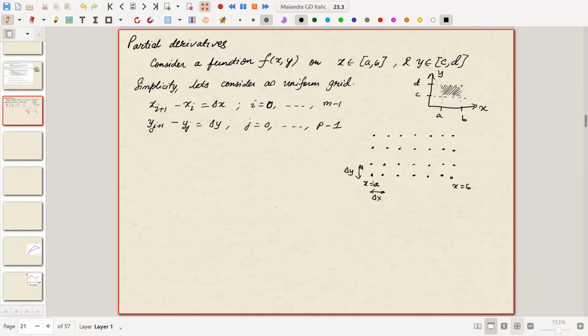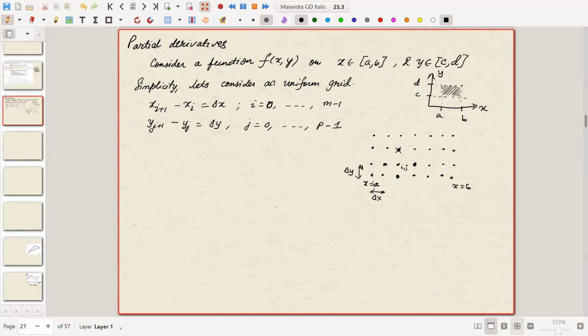Now, if you consider some point i, j, and you want to take the partial derivatives with respect to x or with respect to y, then you need the four most important points: the topmost point, the below point, the left point, and the right point.